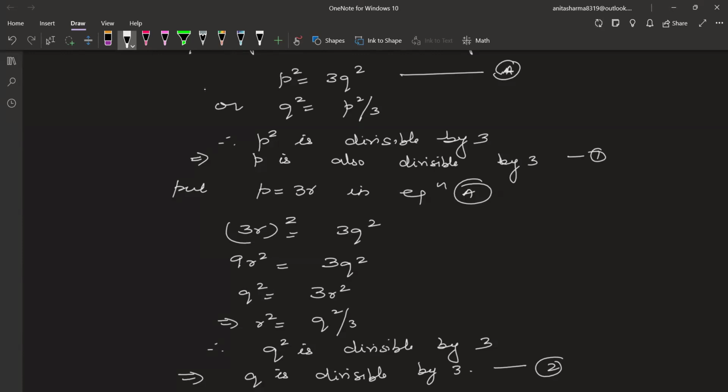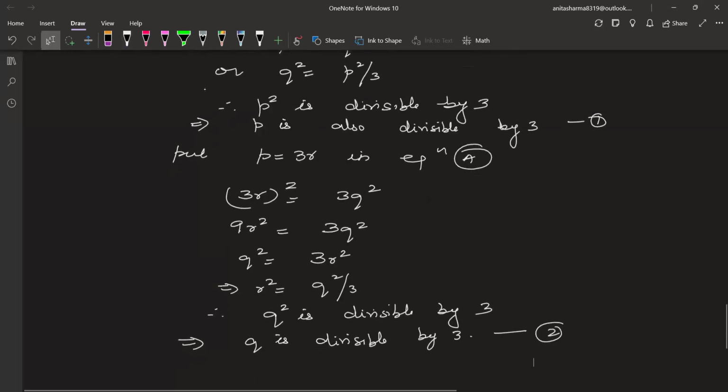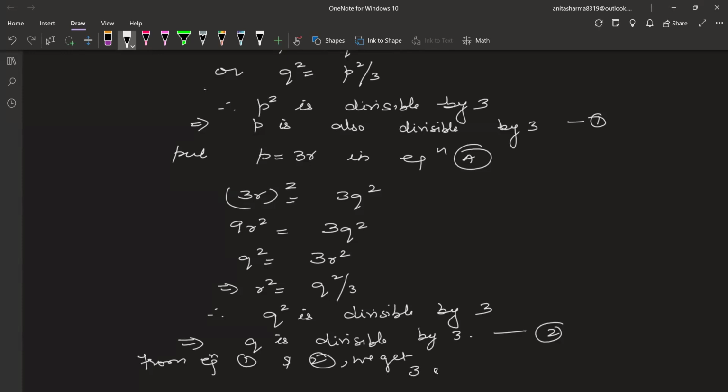Am I correct? Yes, ma'am. From equation 1 and 2, we get that 3 is a common factor of P and Q.